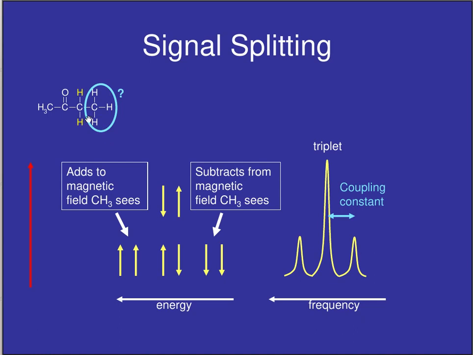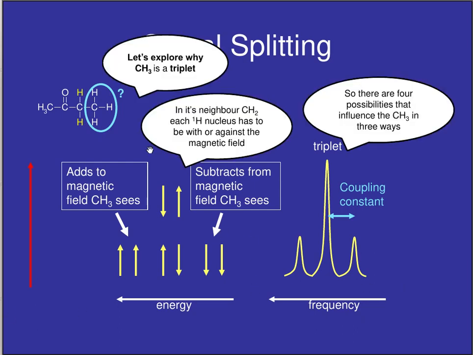That's why having two neighbors splits you into three. Again, so why it's a triplet: each neighboring nucleus has to be with or against the magnetic field. There are four possibilities that influence it in three ways. But of course, the central probability is much greater because there are two sets that lead to no change in the signal.